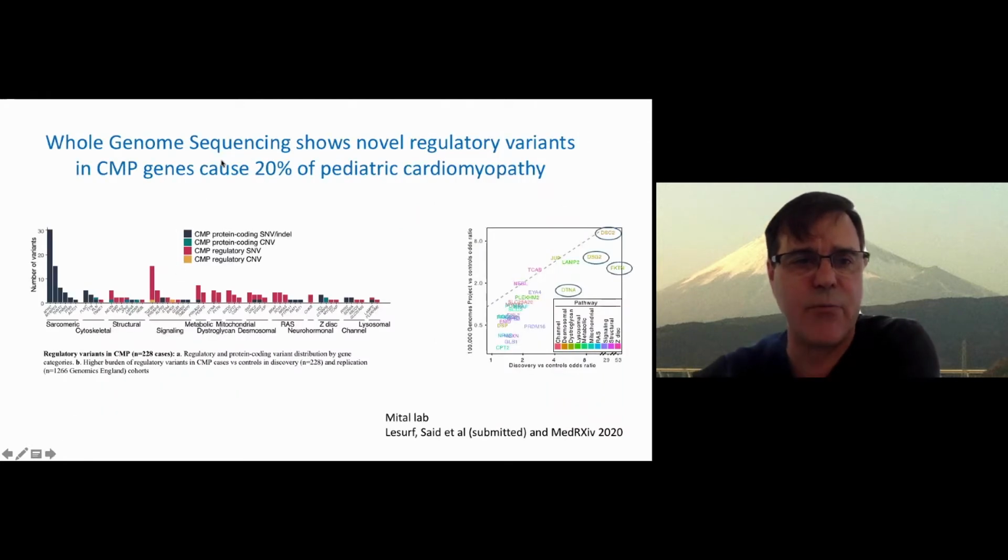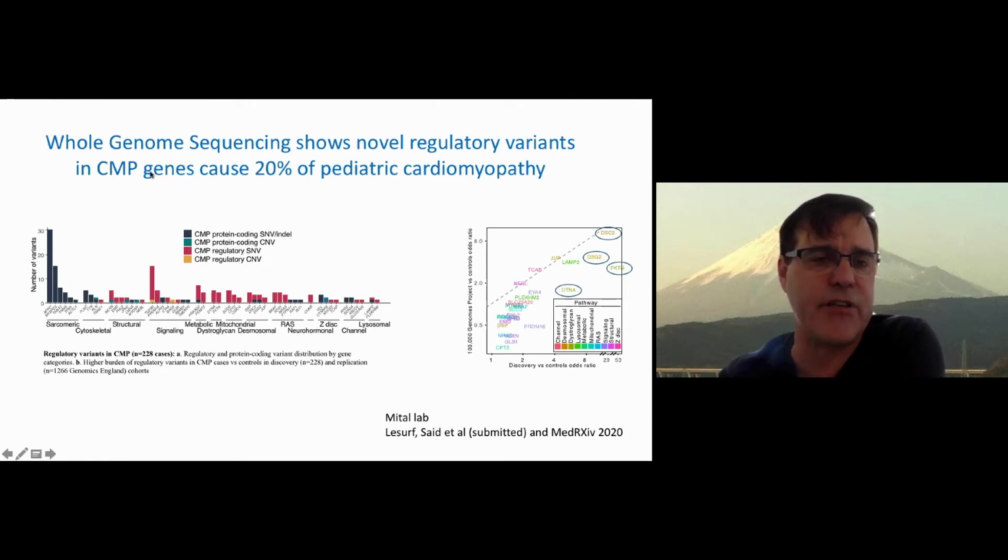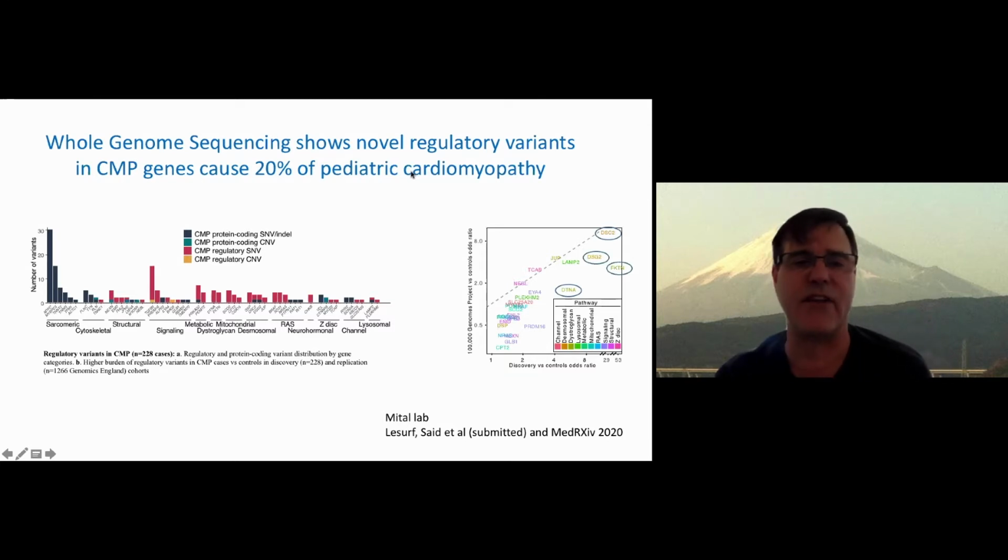This is a summary of work doing whole genome sequencing by Seema Mittal's group. What it shows is that there are novel regulatory variants in these CMP genes that actually cause 20% of pediatric cardiomyopathies, and these have never been seen before. So now you're going from only 30% of people having an identified variant associated with the disease up to 50%.